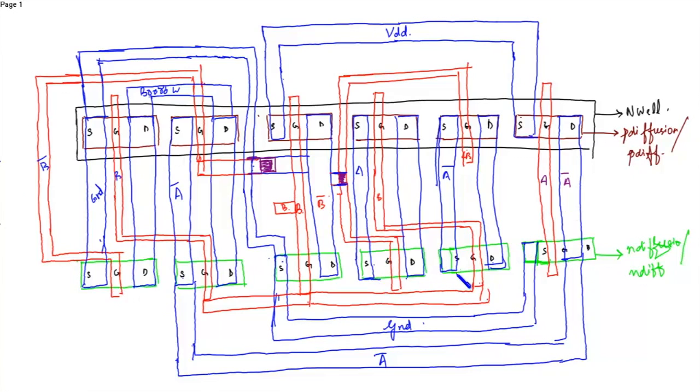So this A bar can be connected like this because it shouldn't overlap. It can overlap a poly layer, but it shouldn't overlap a metal layer. Okay, we'll erase this part.